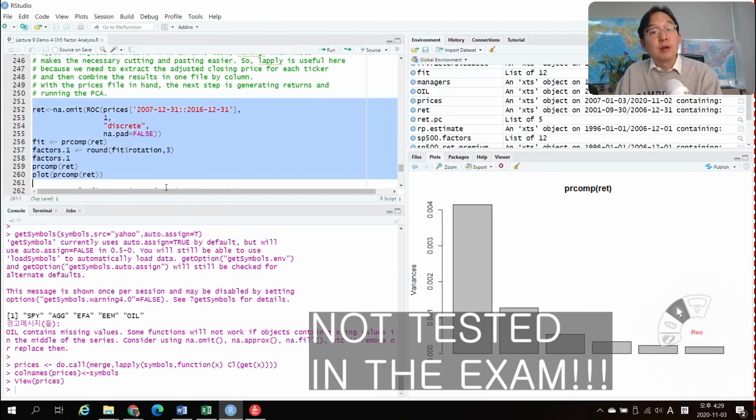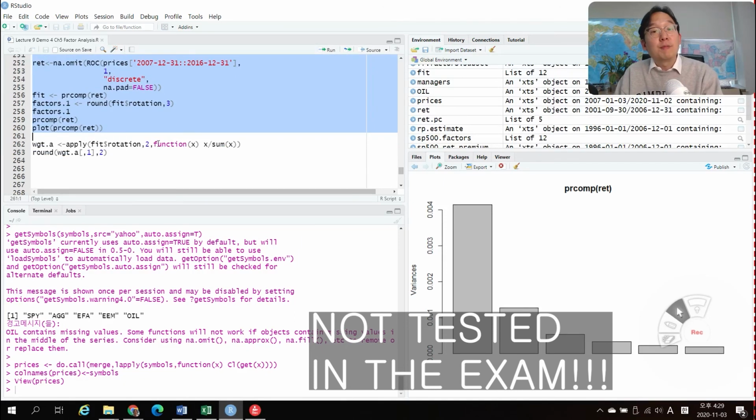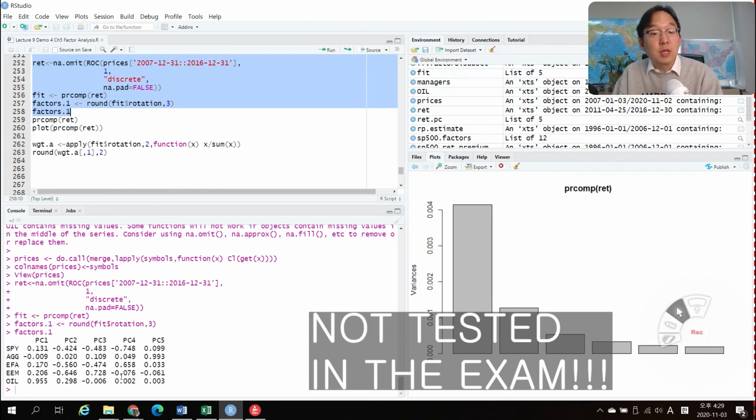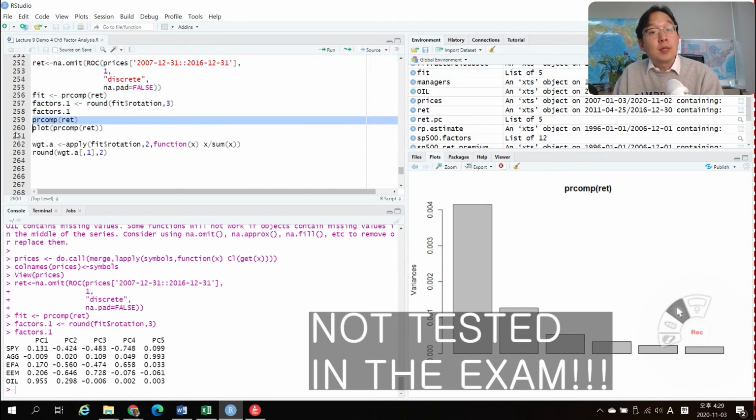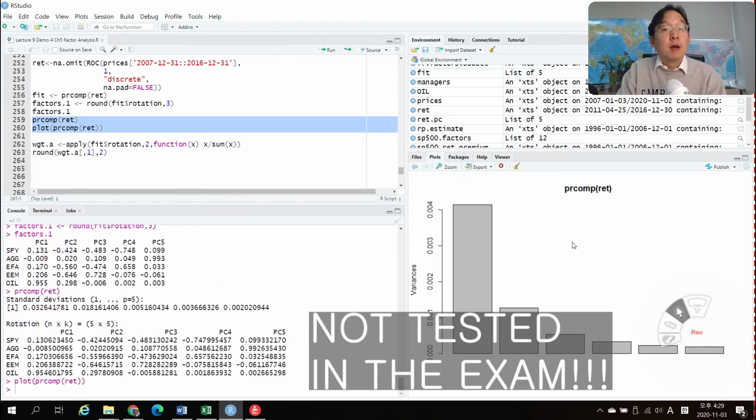Okay, returns, and then prices over here, and then principal component analysis is done based on this matrix, and then round the results up to three digits below the decimal point like this: PC 1, 2, 3, 4, 5. So the principal components are extracted, and then prcomp, return, and plot it.